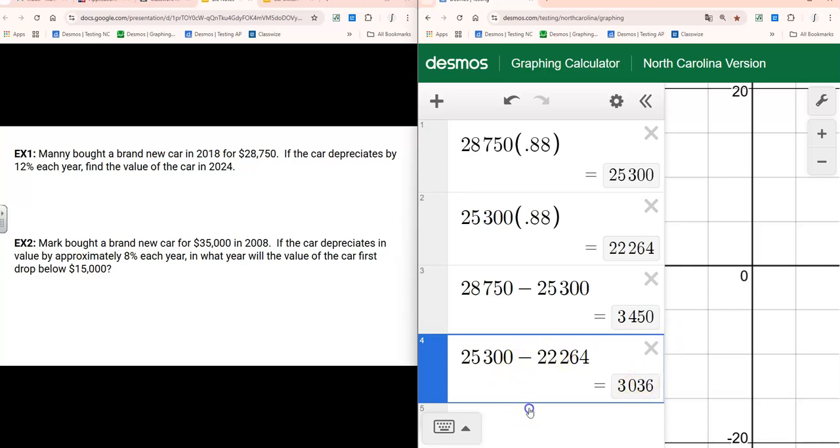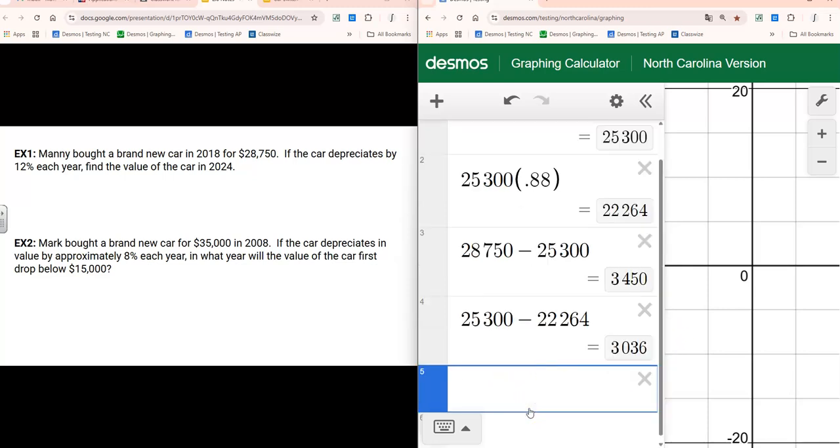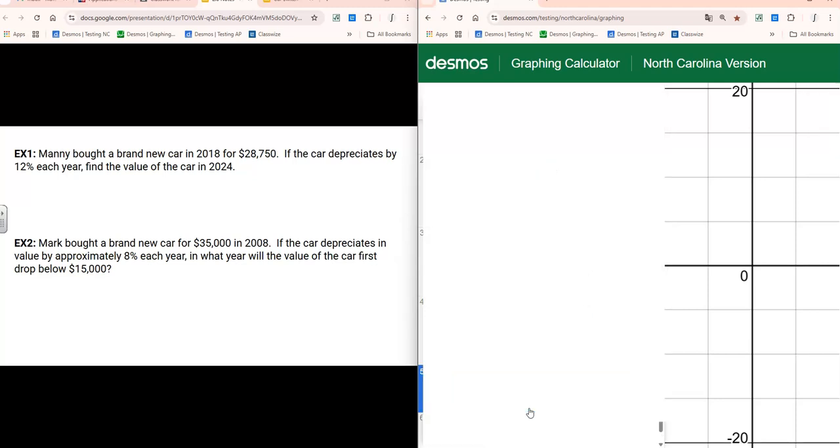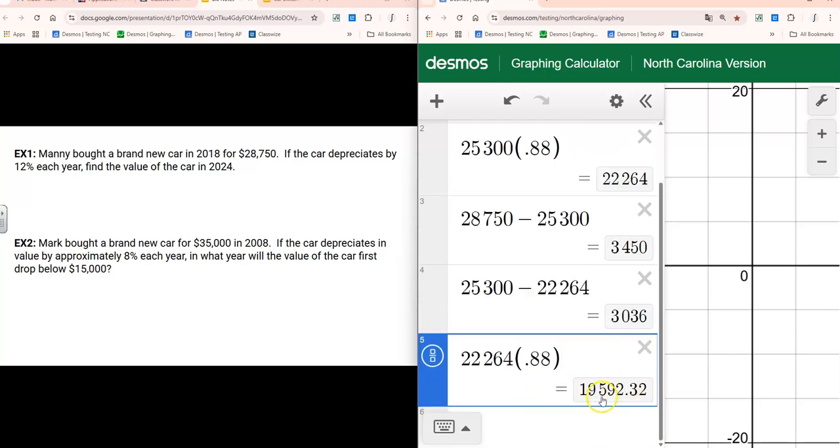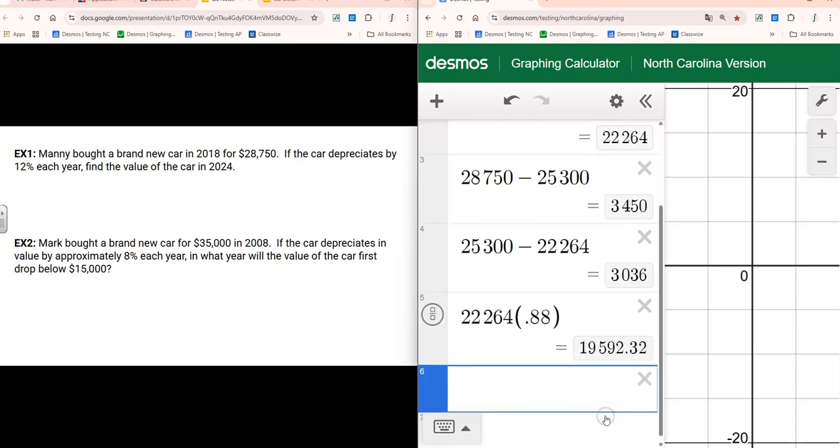And so if you keep on, like if you take 22,264 and multiply it by 0.88, the next year you've got $19,592. Well, if you look at 22,264 minus 19,592.32, that was only $2,671.